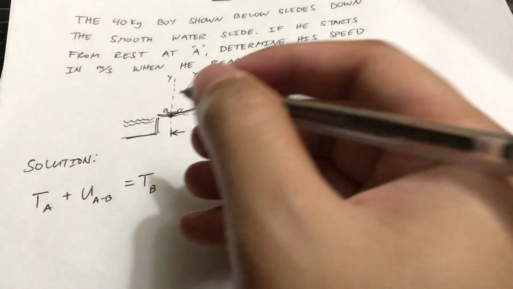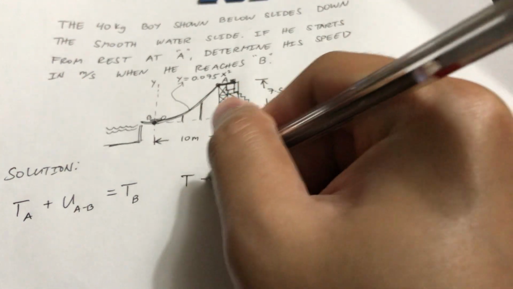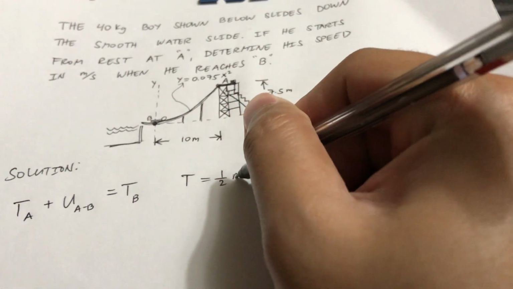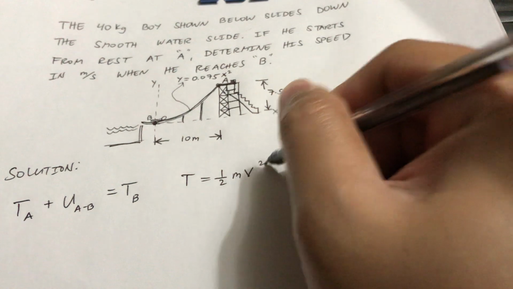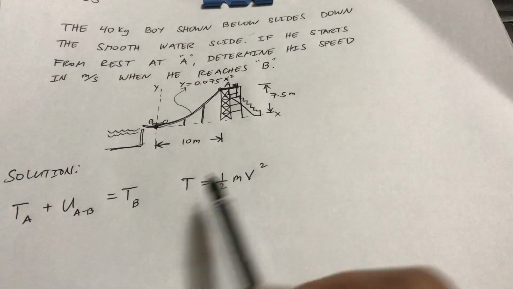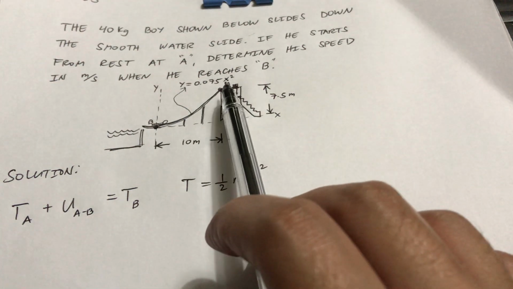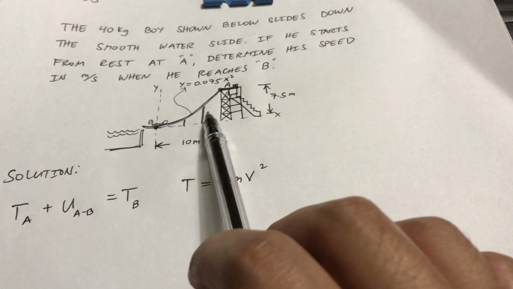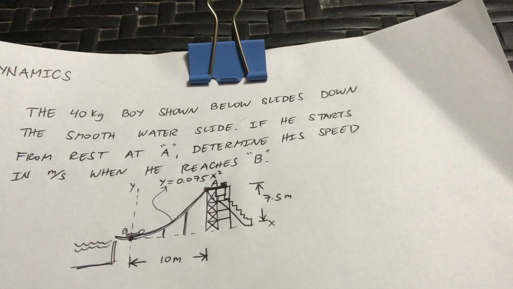We know that the equation of the kinetic energy is 1/2 mass times V squared. While for the work, we have to determine what are the forces that are performing work when the boy moves from point A to point B. Okay.